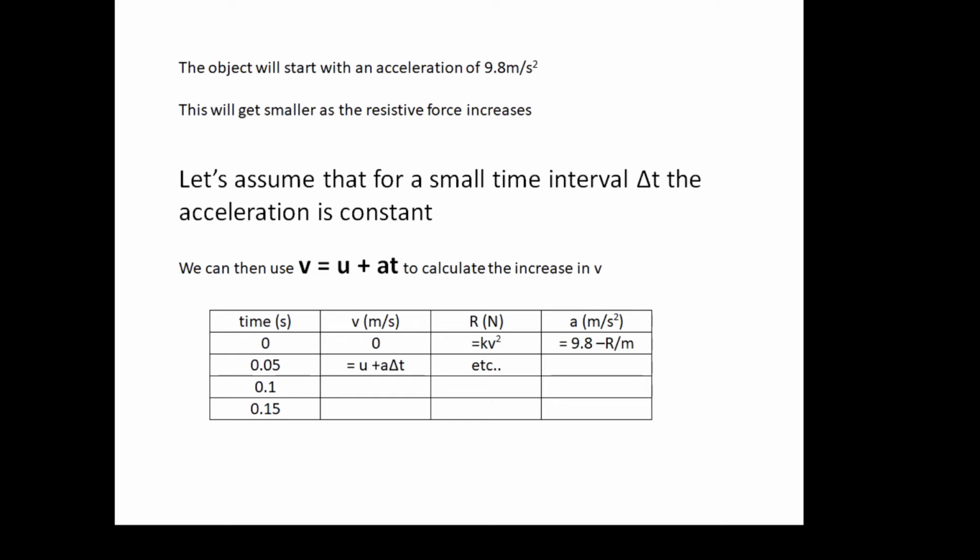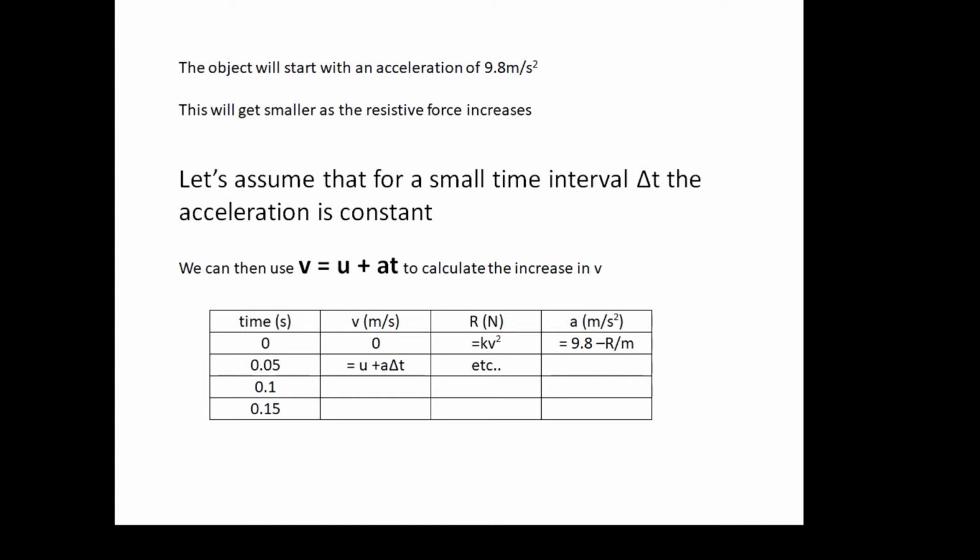No, it's changing continuously. But if we say for a small time interval, delta t, if we assume that it's constant, then we can work stuff out. And the smaller the time interval we use, basically the less of a negative effect our assumption will have. In other words, the closer we will be to the actual values that we calculate.